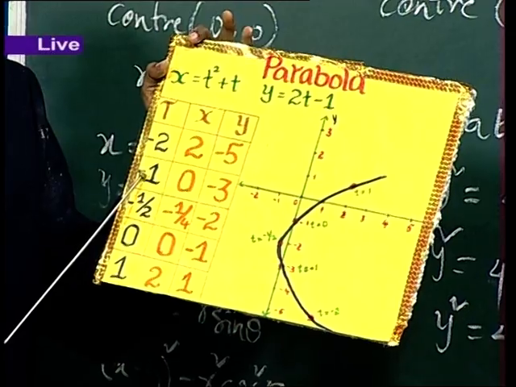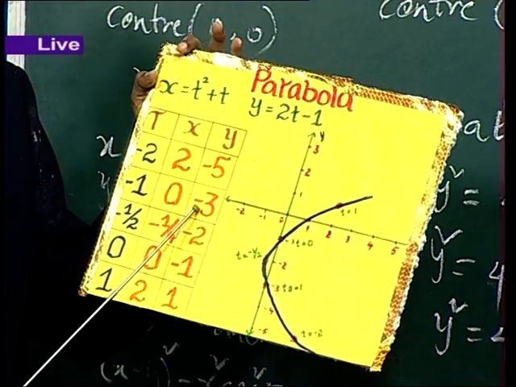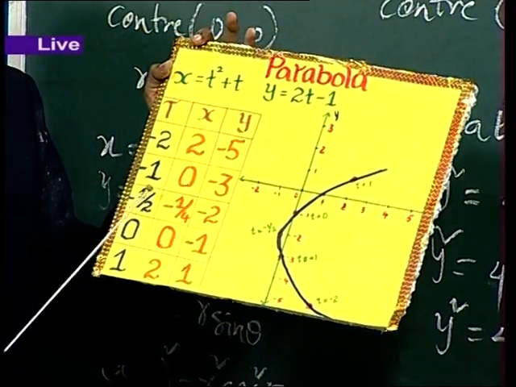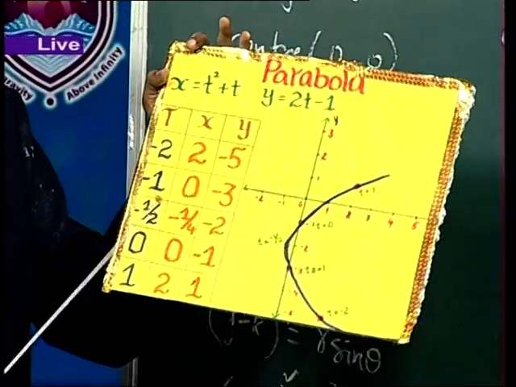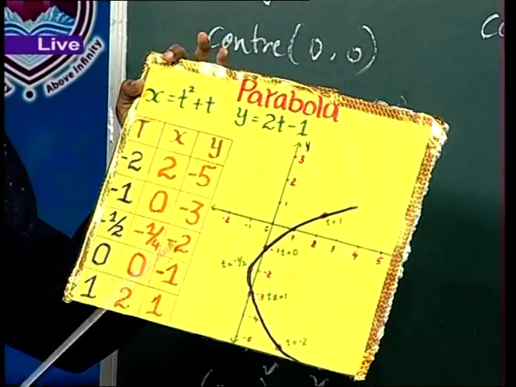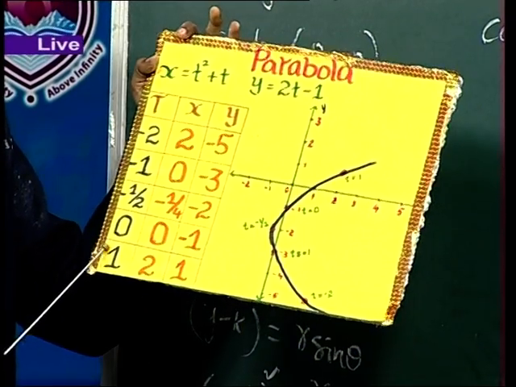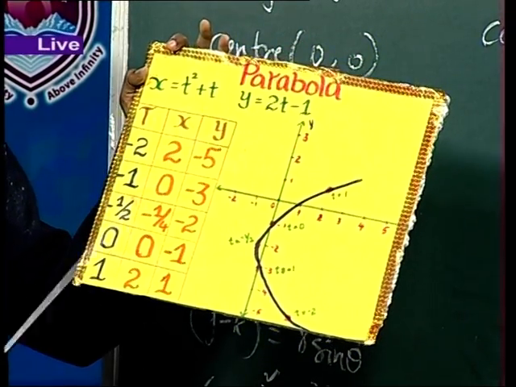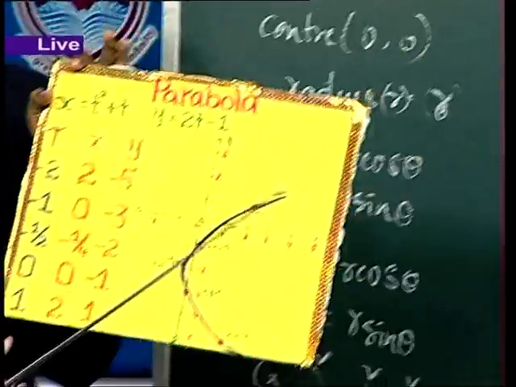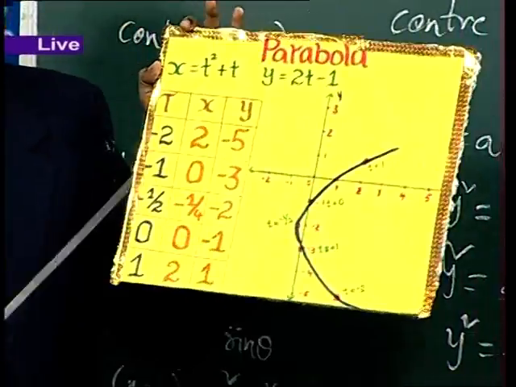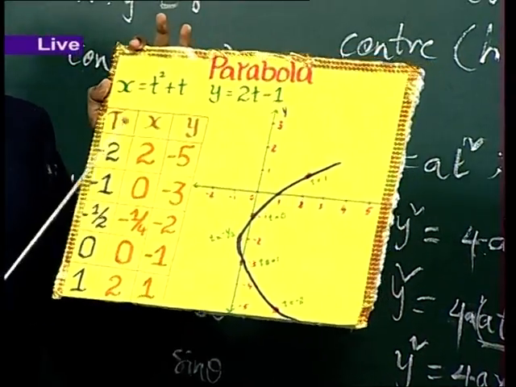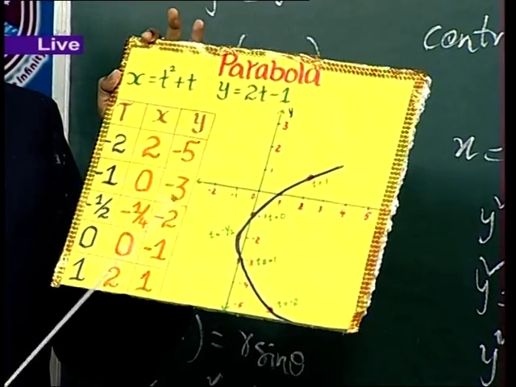By substituting minus 1 we get 0 comma minus 3. By substituting minus 1 by 2 we get minus 1 by 4 comma minus 2. By substituting 0, we get 0 comma minus 1. By substituting 1 we get 2 comma 1. Friends, are you clear about this? By substituting these t values we get the xy coordinates like this.